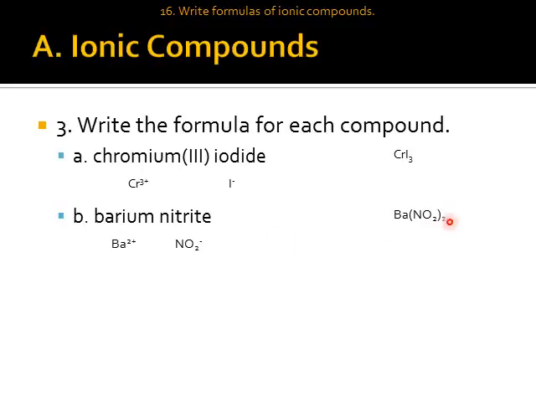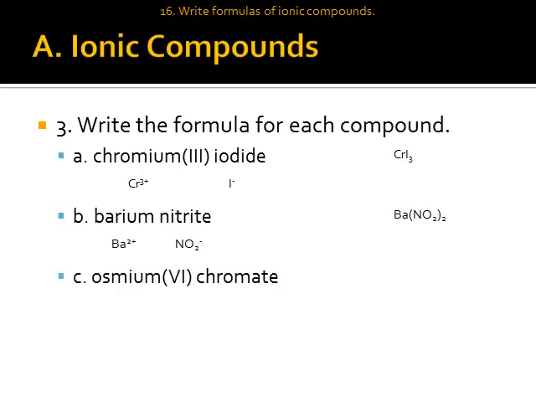And then notice the parentheses around the NO2, because that whole thing is one ion, and I can never change the formula of that. If that's a nitrite ion, the formula is NO2. So I can't change that, because then it wouldn't be nitrite. So Ba(NO2)2.